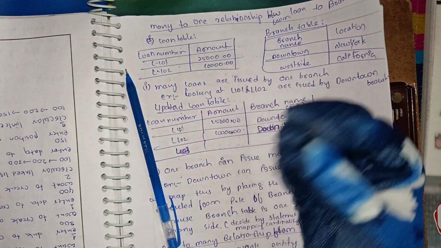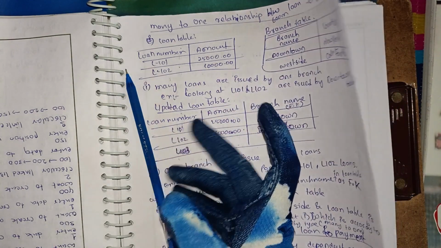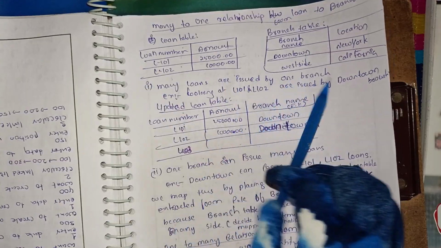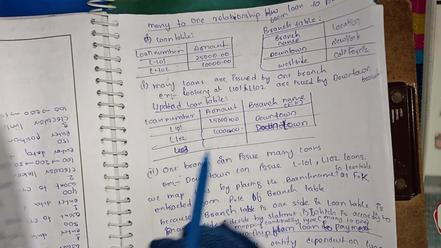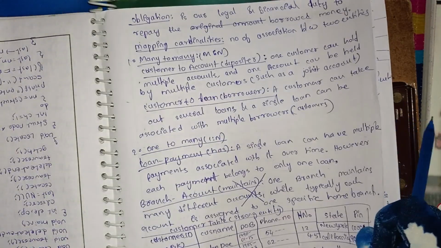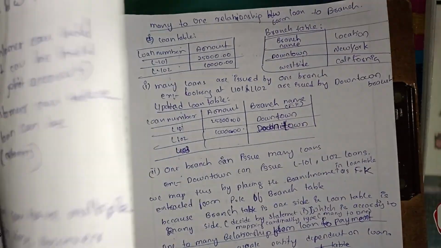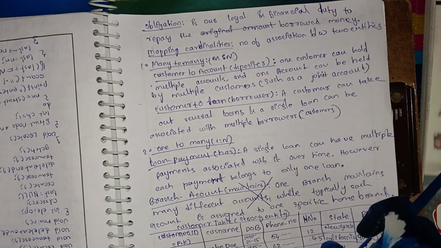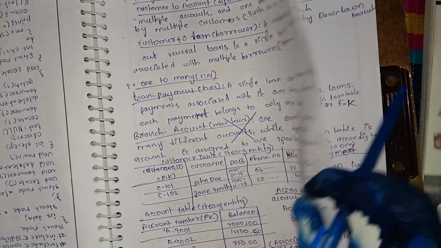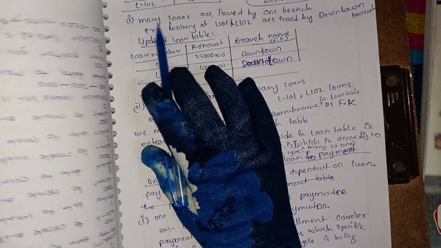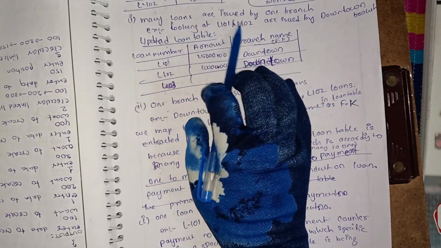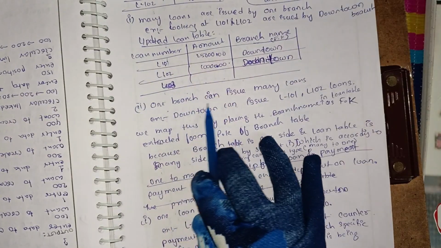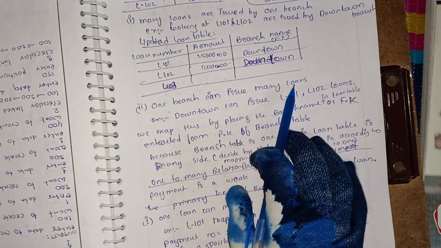Means exactly opposite to the one to many definition. That's why we are saying that many loans are issued by one branch, and one branch can issue many loans.